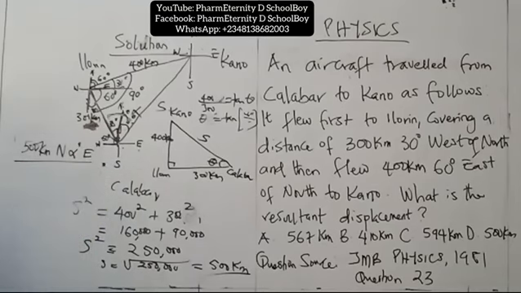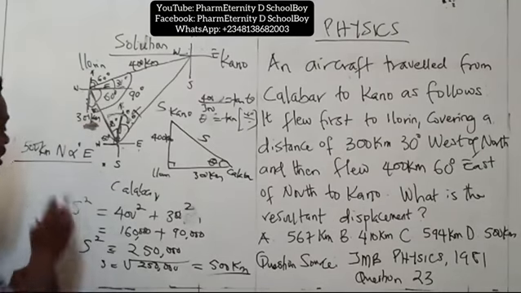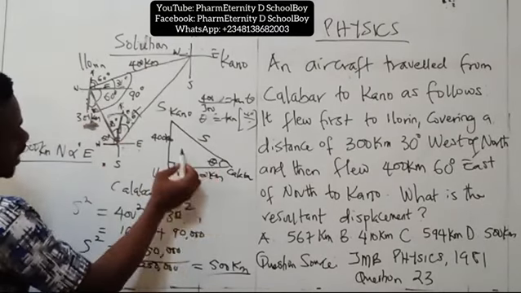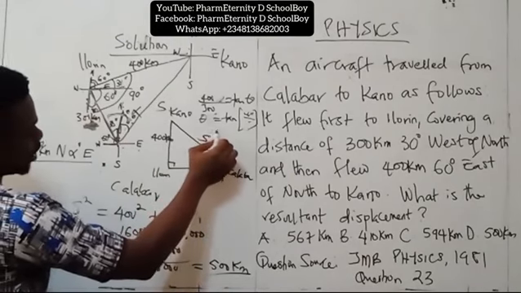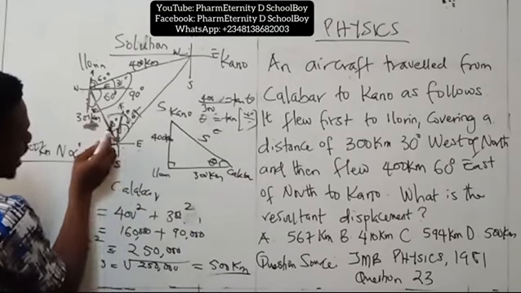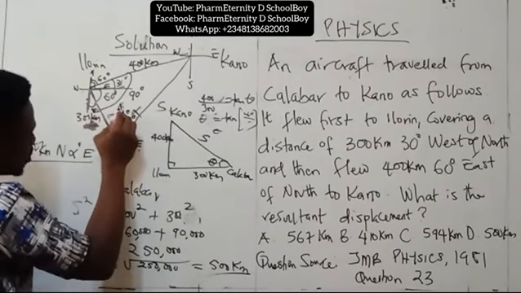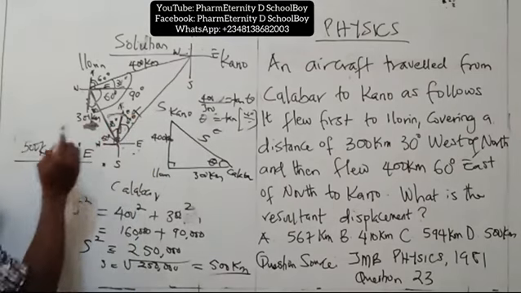This is what the displacement will look like if they want to include the direction. Remember we got theta by using this over this is equal to tan theta. We subtract 30 from theta to get the angle alpha, and this is 500 kilometers north alpha east.